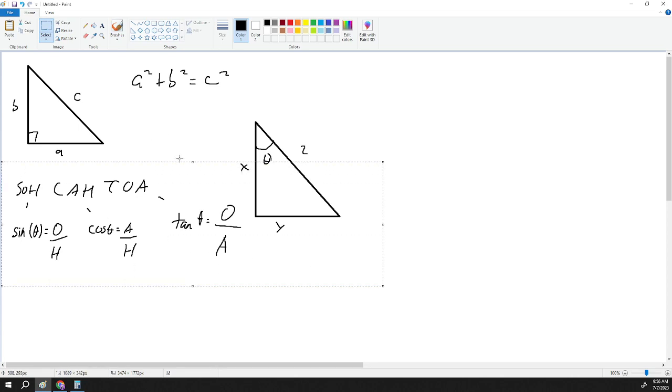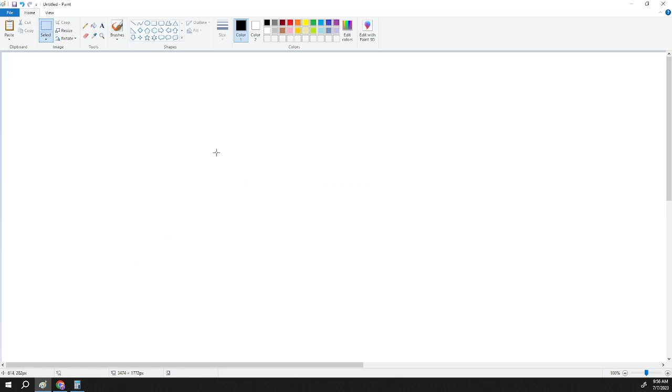So, given I have a triangle, and I think this is 20 degrees. I have a 5 here. What is my x? Again, we have Sokotowa.